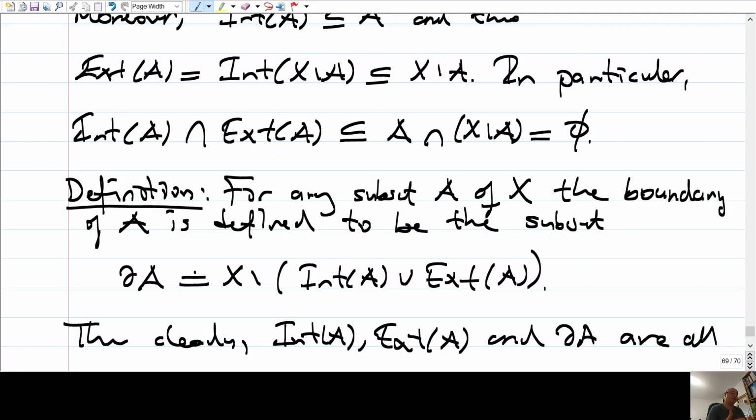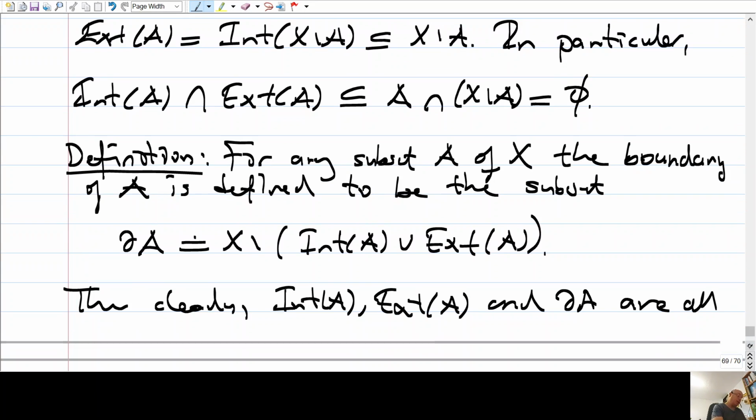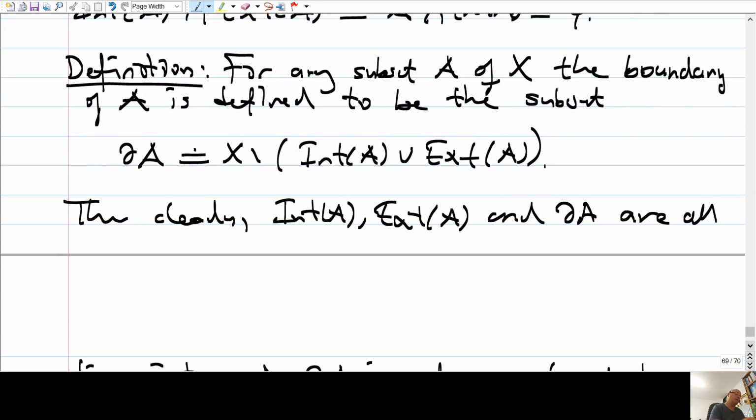Again, it's an open set since it is an interior. And finally, we defined the boundary of A as the complement of the union of the interior and exterior. And since these two sets, interior and exterior, are open, boundary A becomes closed.